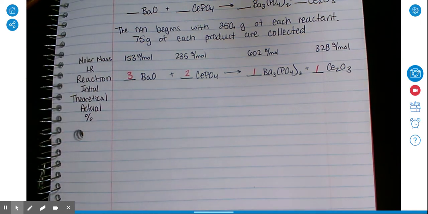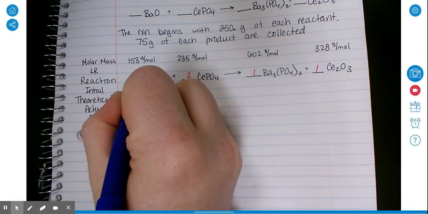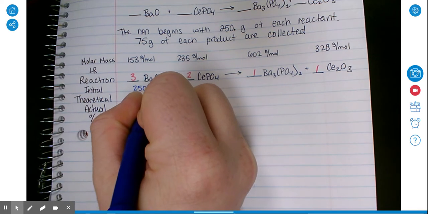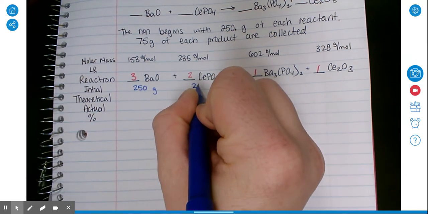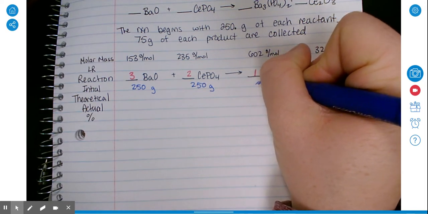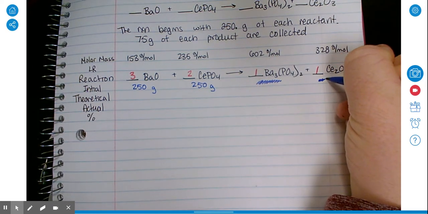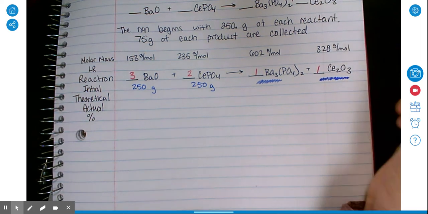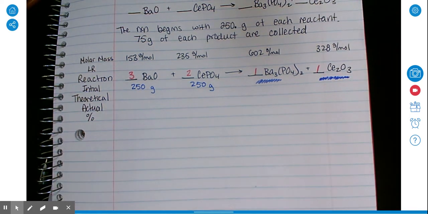So I know that I start with 250 grams of each reactant. I don't have any initial products. Theoretical, I calculate.